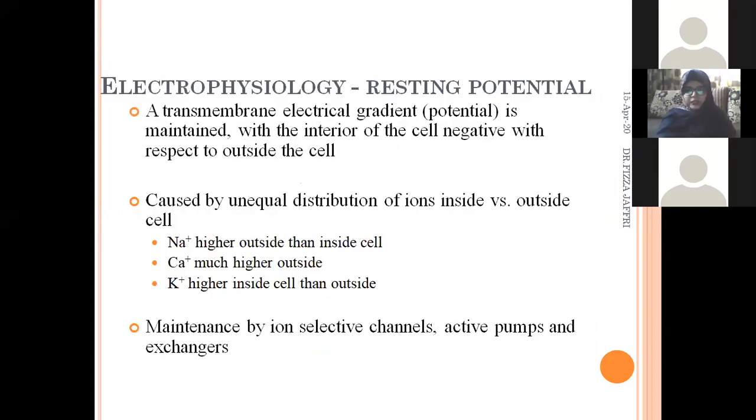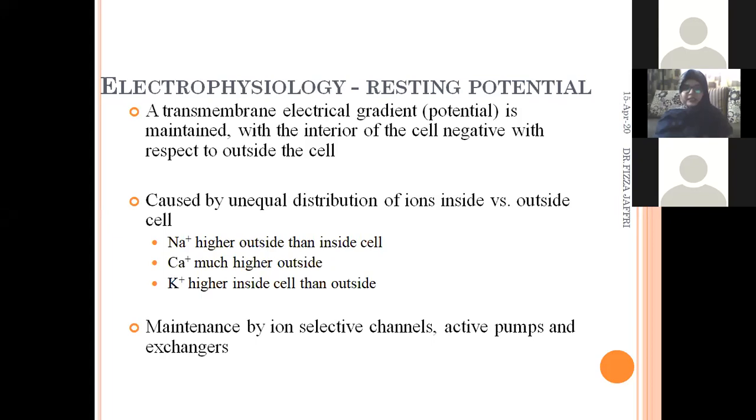To know how this conduction pathway occurs, you should know what is a normal cardiac action potential, right? A transmembrane electrical gradient is maintained with the interior of the cell negative with respect to the outside of the cell.